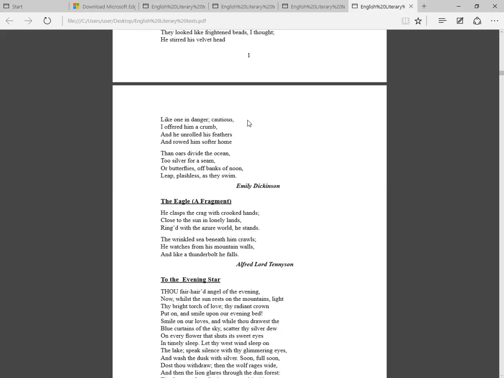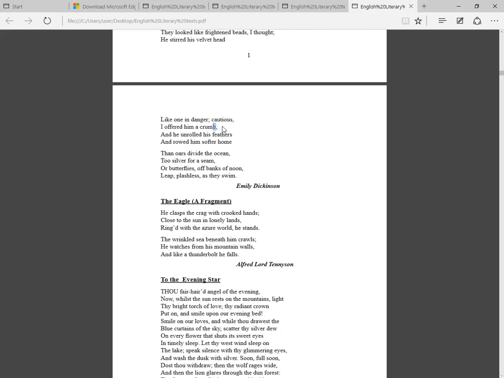Cautious, what is the last sound? Sound. Crumb, what is the last sound? Crumb. What do you hear?